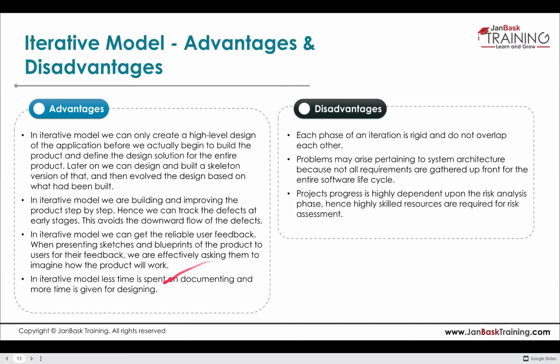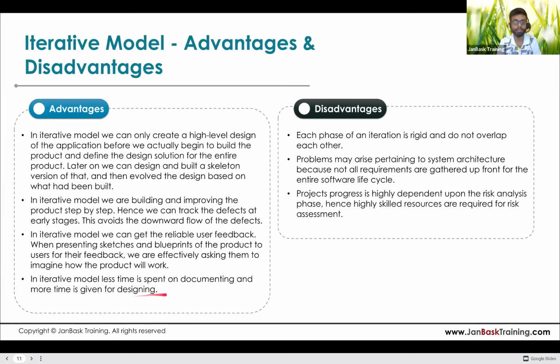And finally, in an iterative model, less time is spent on documenting and more time is given to designing, because in each phase we document whatever we are developing. In the earlier models, everything was done, then everything was documented, and then it was sent as the input of the next phase.